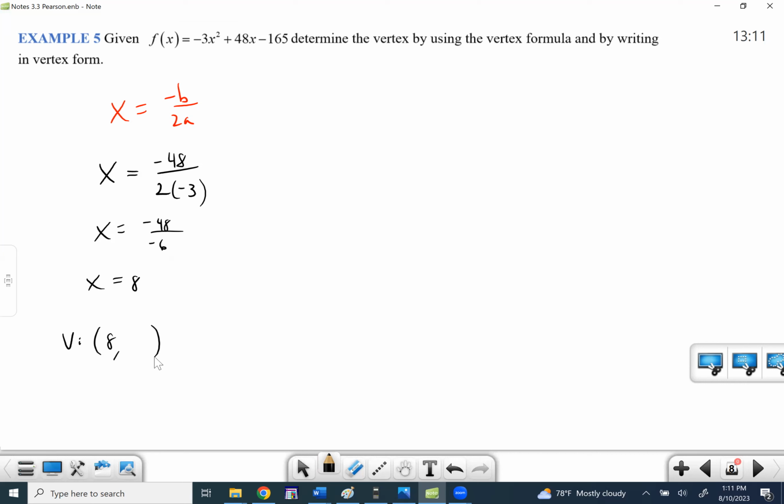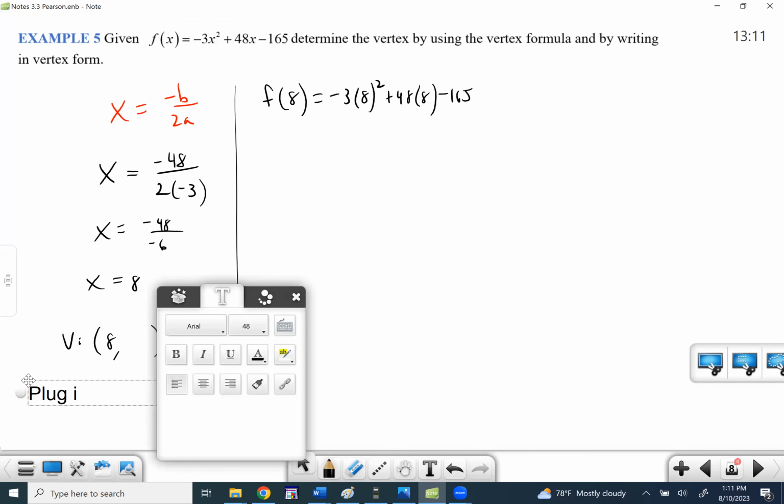In order to get the y value, substitute that back into the original problem. So we're going to substitute an 8 in for all of the x's to help us figure out what the y value is. So let's just make a note here. Plug in to find y.